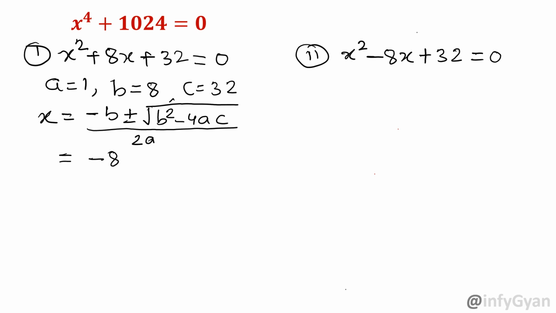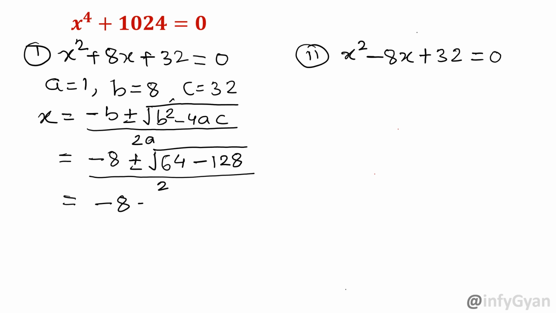So minus 8 plus minus square root 64 minus 4 times 1 times 32. 4 times 32 will be 128, divided by 2. Minus 8 plus minus square root minus 64 divided by 2.